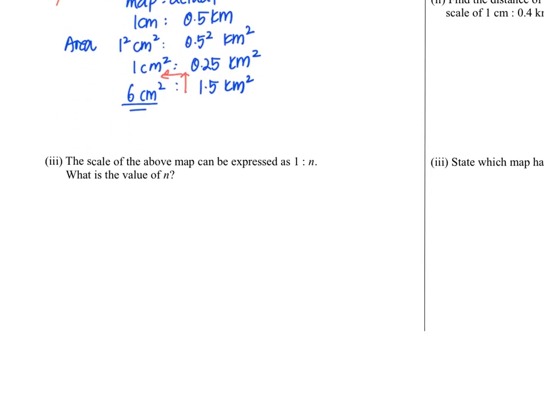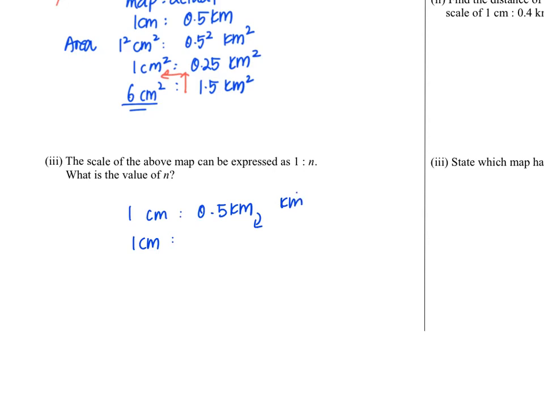Next question. The scale of the above map can be represented as 1:n. What's the value of n? So I know that on my map and actual is given by 1 cm is to 0.5 kilometers. Now if I want it in ratio form, both sides must have the same units. So I'm going to keep my cm and change kilometers to cm.